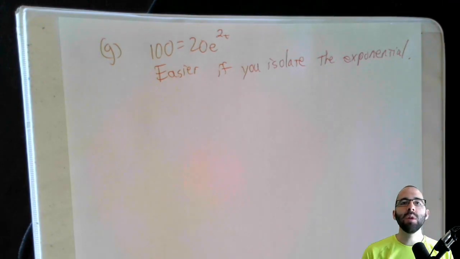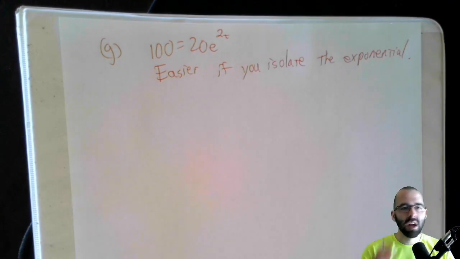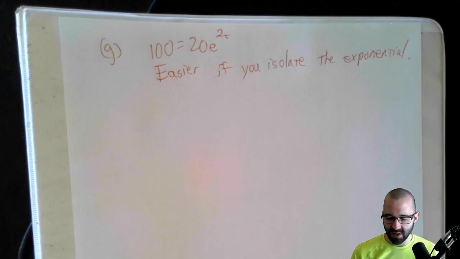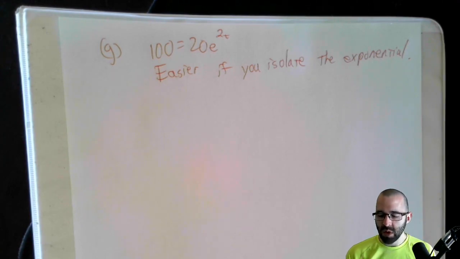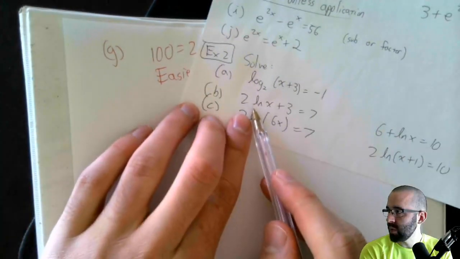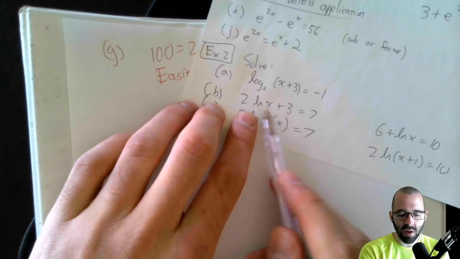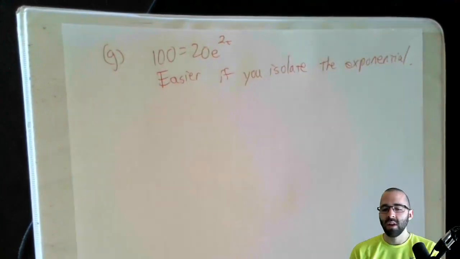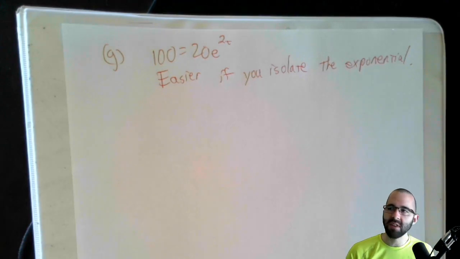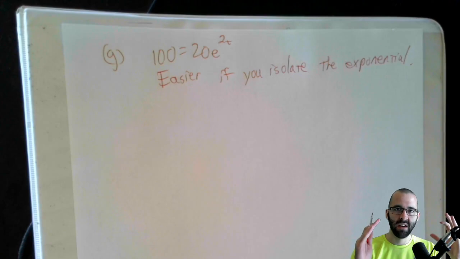When we solved square root equations, radical equations, we wanted the square root to be all by itself on one side of the equation. When we solve logarithmic equations like we did on Tuesday, we wanted the log to be all by itself on one side of the equation, right? So for when we did something like part B, we moved the 3 over, we divided by 2 because we wanted this log by itself. So frequently, when we solve a certain type of equation, we want to get that thing by itself, okay?